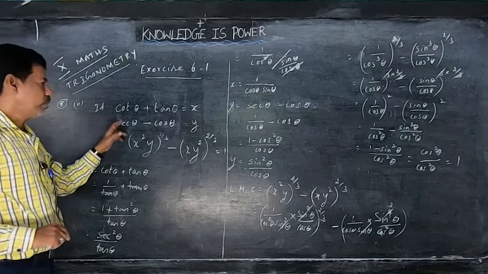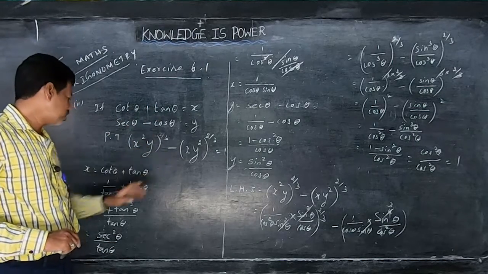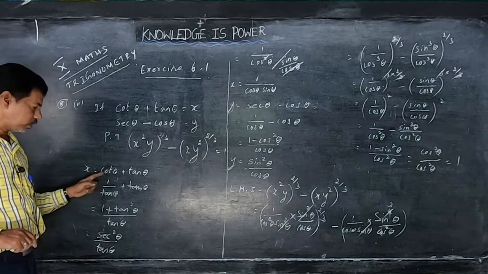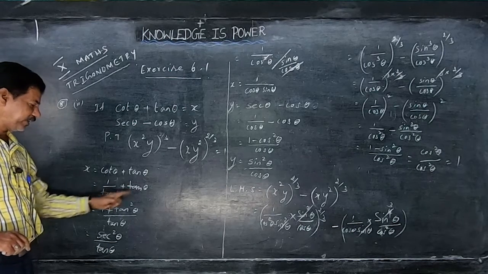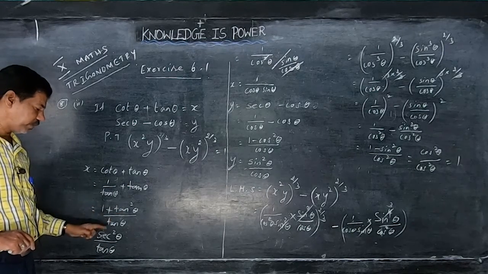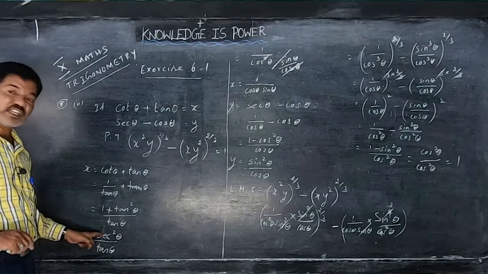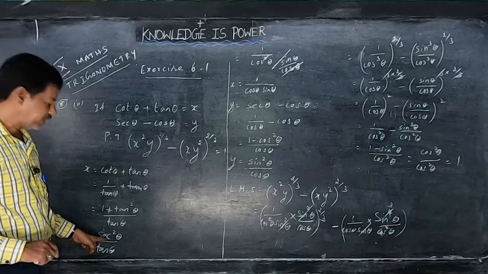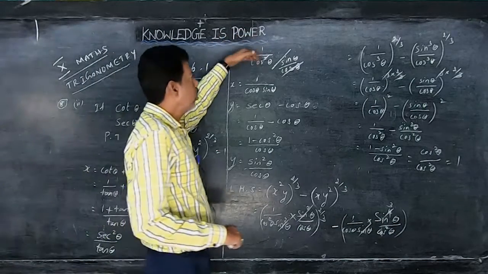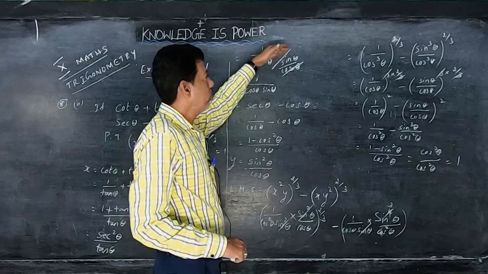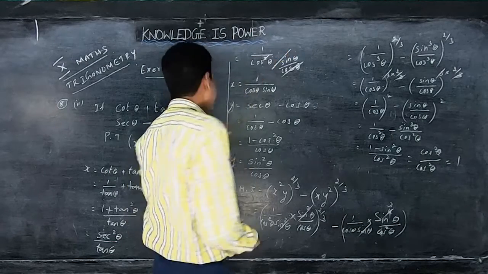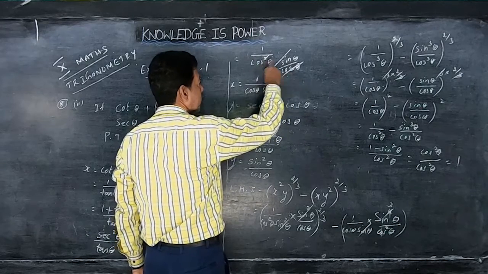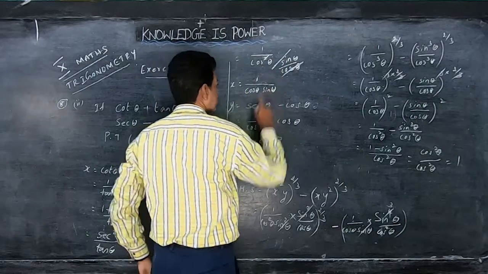Okay, so this is the question. x and y are given and the equation is given. So x equals, I am reducing it: cot I have written as 1 by tan, tan into tan square, 1 plus tan square by tan theta. 1 plus tan square means secant square by tan theta. After taking secant square as 1 by cos square and tan as sin by cos, one cos cancels, leaving cos theta sin theta.